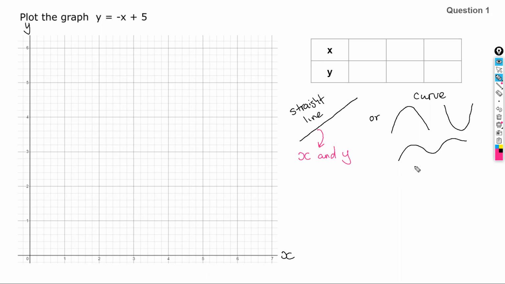However, if your equation has complex things like X squared or Y squared, or I'm hoping you don't get X to the power 3, or even the square root of X or the square root of Y, or if the X and Y's are underneath numbers. So like if you have 1 on X or 3 on Y, you notice in these cases, the X and Y's are underneath numbers. Whenever you see complex things like that in your equation, you are going to get a curve.